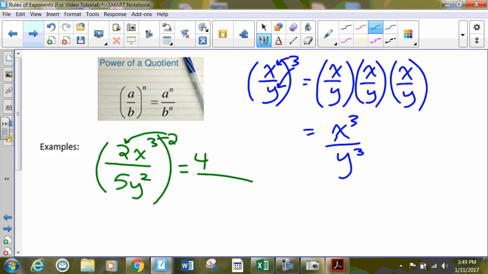This 2 goes to the x cubed, so I have a power to a power, so it's going to be x to the 6th power. This 2 also goes way down there to the 5, so that's 5 squared, which is 25. And the 2 goes to the y squared, which is y squared squared. Power to a power, we're going to multiply, so it's y to the 4th.